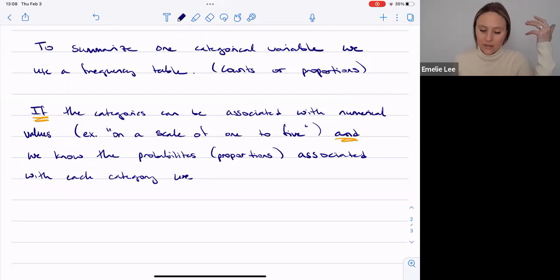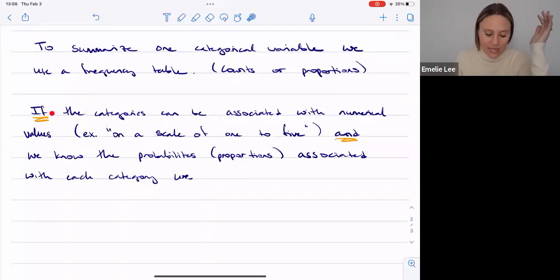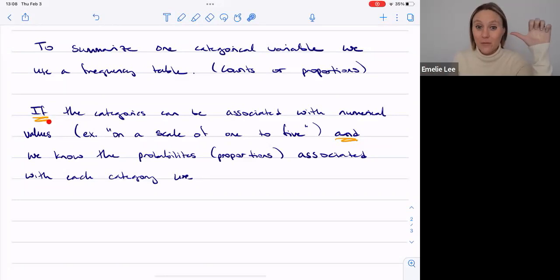It gets a little bit weird, but that can be important. If the average category on a scale of 1 to 5 is 1.5, then those are typically very low scores. That tells us that overall people are feeling a low score about this, whatever that means. That is a summary that we could use, but notice it hinges on the categories being naturally associated with some number, and we have to have the probabilities or the proportions in each category.